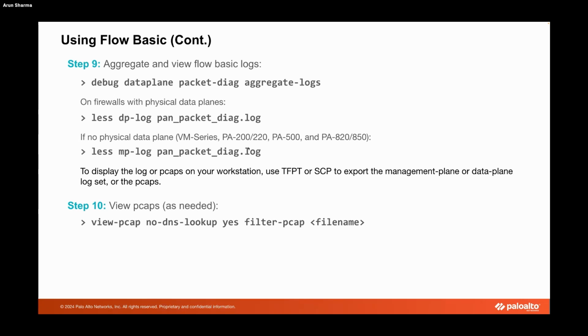If it's PA-200, 220, 500, there's no separate DP on these hardwares, so in that case you have to see under less mp-log pan_packet_diag.log. If you have other models, you can always see that under the specific DP. And if you want to see that in the CLI, you can run this command just to view the PCAP: view-pcap no-dns-lookup yes filter-pcap.